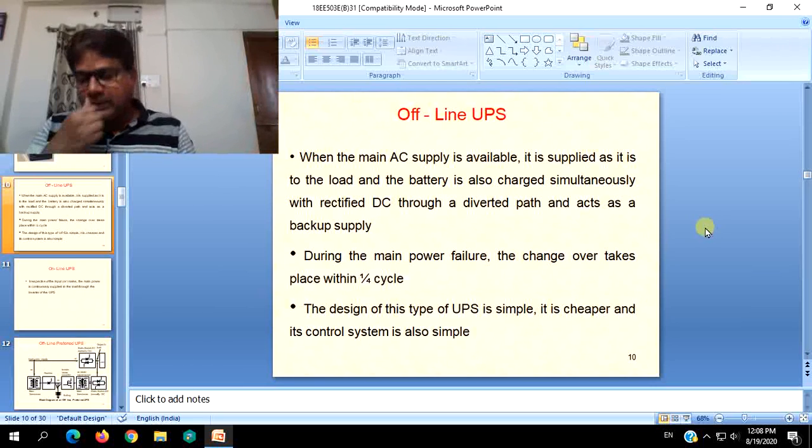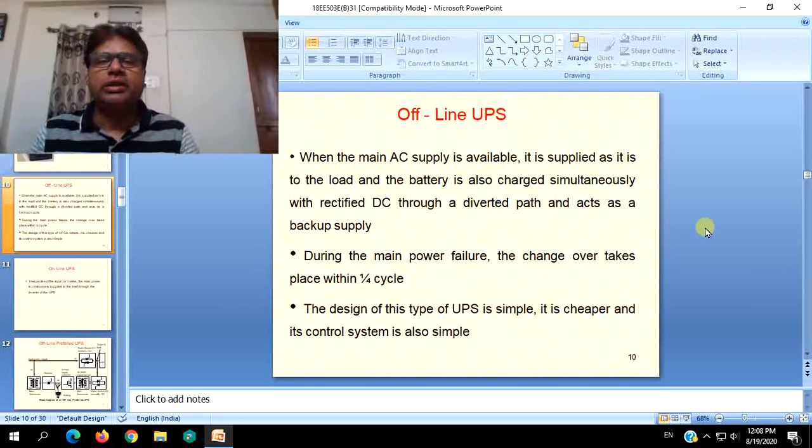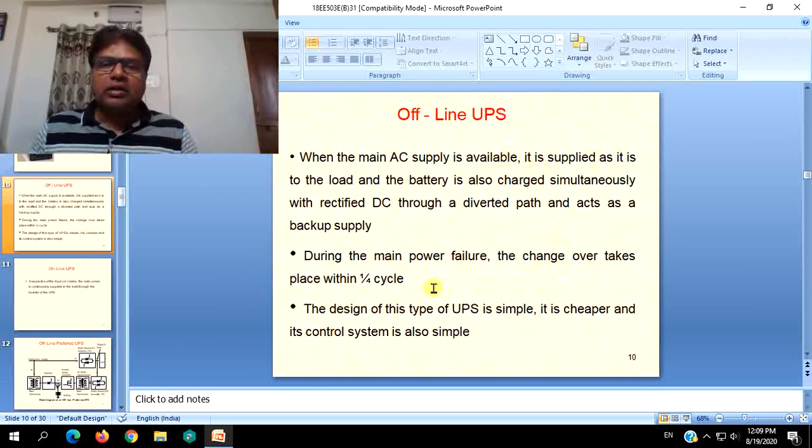That is the extra added advantage when compared to normal linear power supplies and battery backup. When the main power fails, the changeover from the main line to the battery line will be done automatically within 5 milliseconds, which is sufficient to drive many critical loads without any interruption and without any problem.